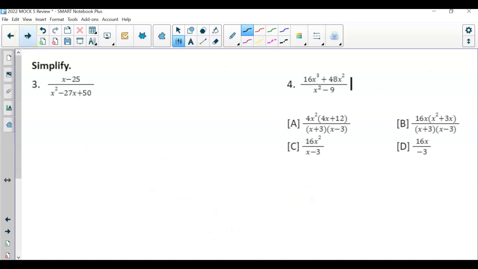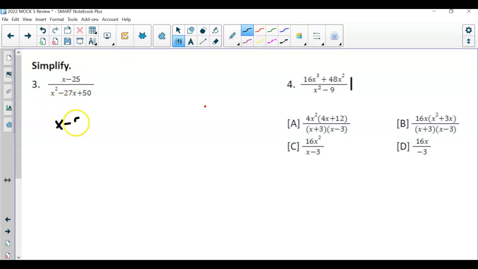Questions 3 and 4, we're just simplifying here. In the numerator, can we factor that? No, that's just x all by itself. Now, if this was x squared minus 25, absolutely, I take the square root because this is a difference of two perfect squares. That's x plus 5 times x minus 5. But that's just x all by itself here. So I'm just going to bring down my numerator.